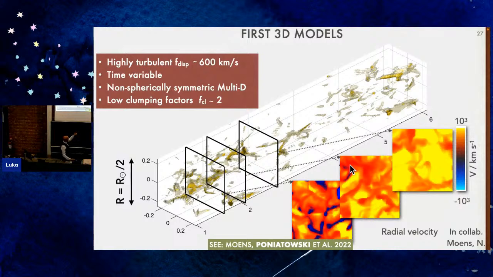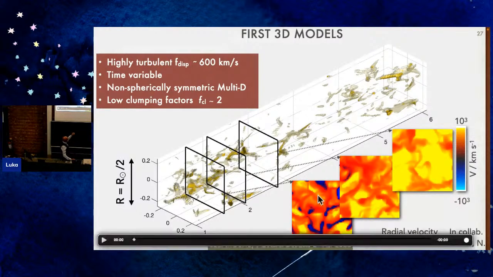Even in this case, you can see that there are regions of inflow and outflow, positive and negative radial velocity, coexisting at the same radius, meaning that such flows are very turbulent. In fact, our models show a velocity dispersion, which describes more or less the turbulent nature of the outflows, of around 600 kilometers per second.